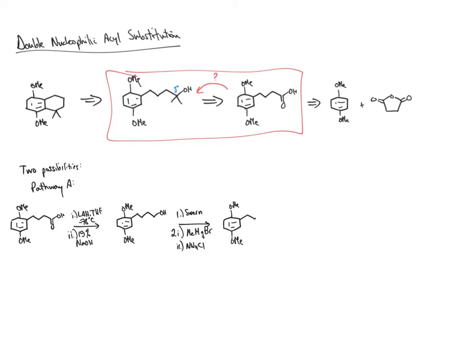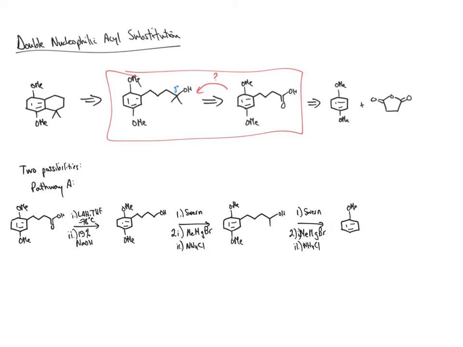And so we would get a molecule that looks like this. We can then take that molecule and perform another Swern oxidation, followed by another equivalent of methyl magnesium bromide, followed by quenching with ammonium chloride, to then install that second methyl group.